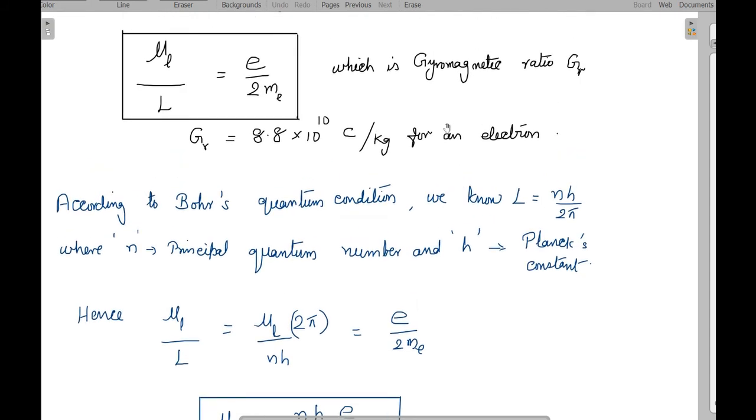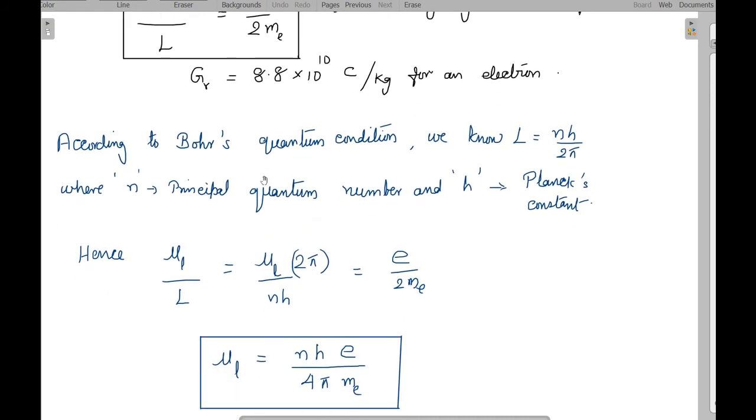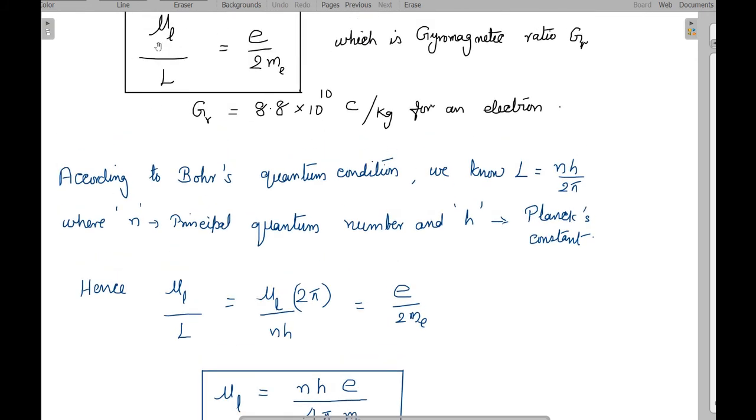Now the gyromagnetic ratio we can represent in terms of Bohr quantization condition. According to Bohr's quantum condition, we know angular momentum equals n times h by 2 pi, where n is the principal quantum number and h is the Planck's constant. Hence we write mu L divided by capital L equals e divided by 2me, and L is nh by 2 pi.